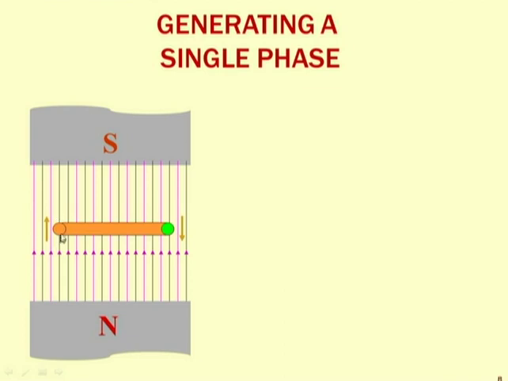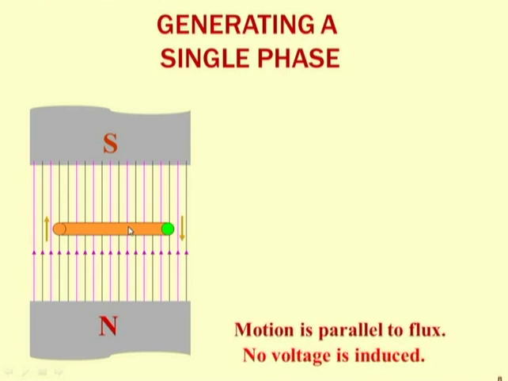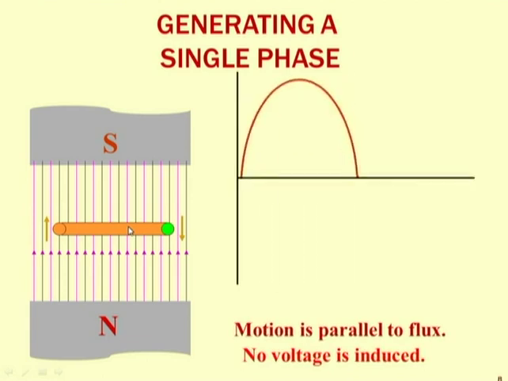As the motion of the conductor is parallel to the flux line, it does not cut any flux, and hence no EMF will be induced. So again the EMF induced will be equal to 0.